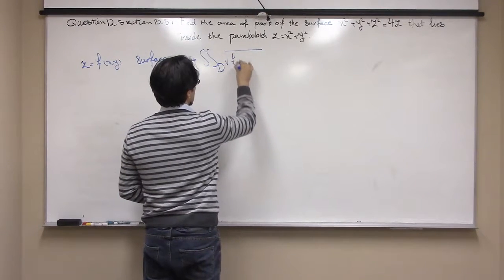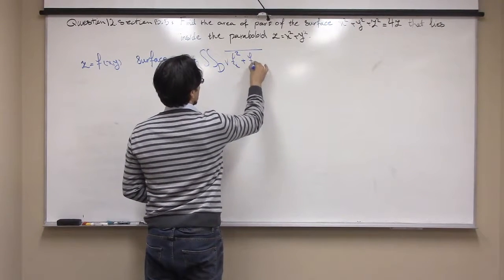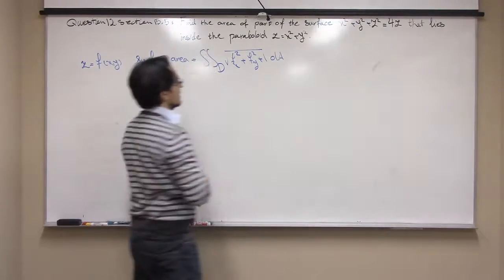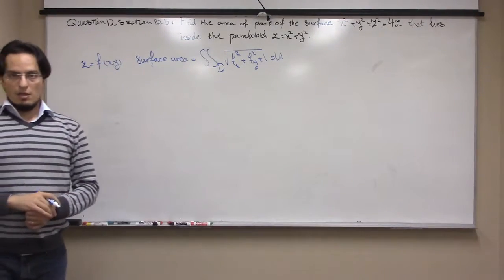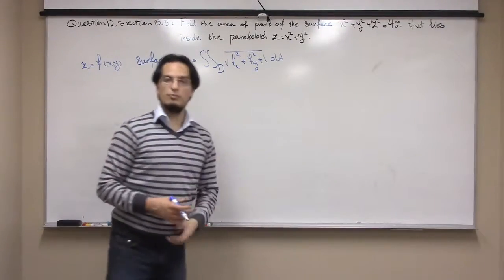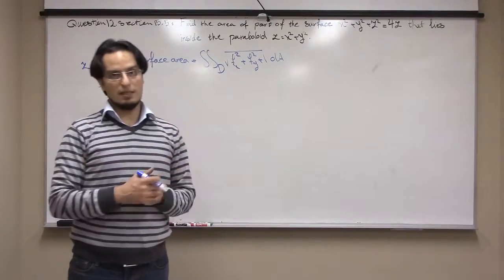You find fx squared plus fy squared plus 1, dA. You find that function, a function of two variables, and evaluate that double integral.